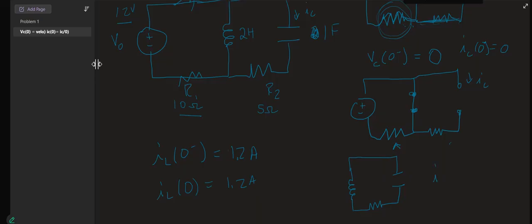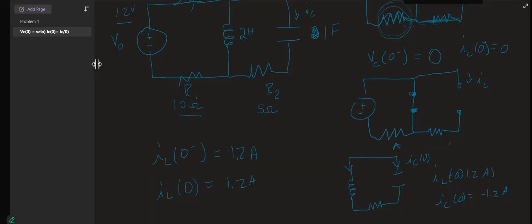We know IL of 0 we said is 1.2 amps. What is IC of 0? Negative 1.2 amps.